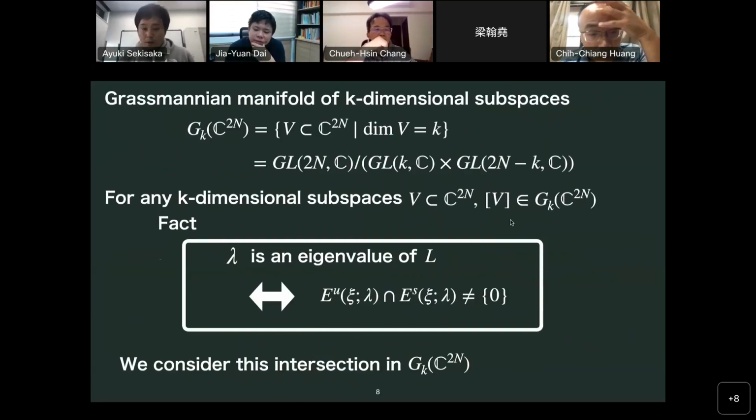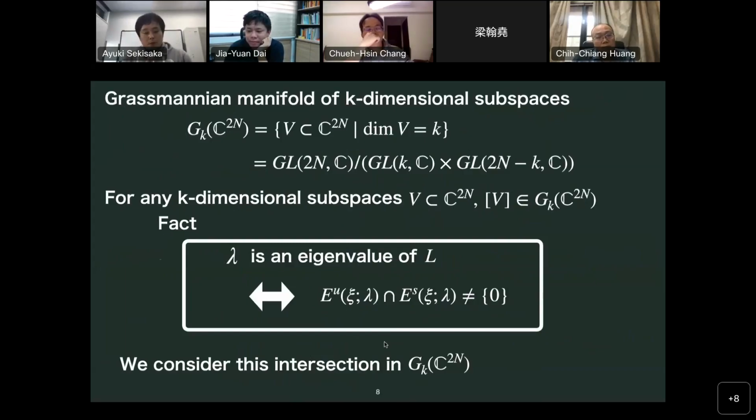It is a well-known fact that lambda is an eigenvalue of L if and only if the unstable and stable subspaces E^U and E^S intersect nontrivially. So lambda is an eigenvalue in this setting if and only if this intersection contains a non-zero vector.